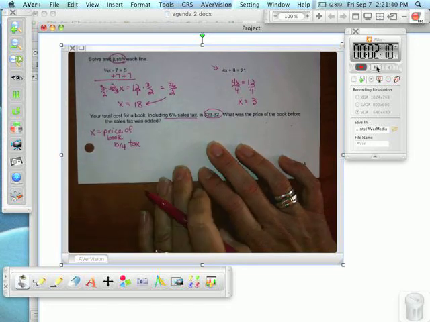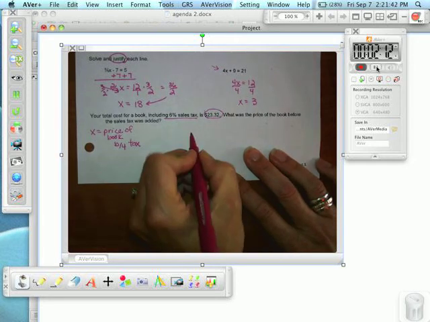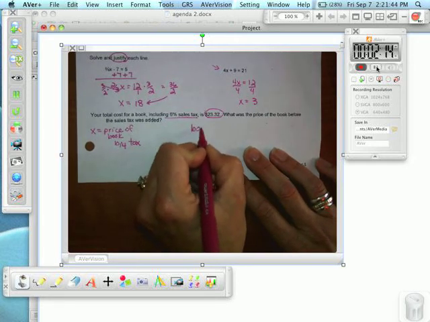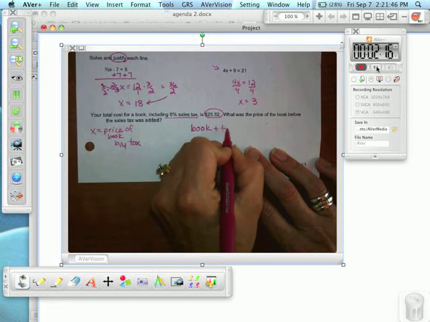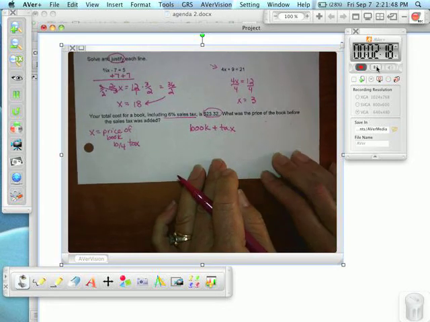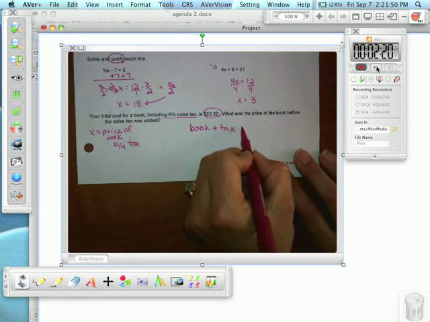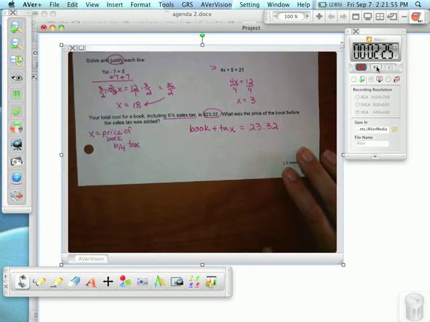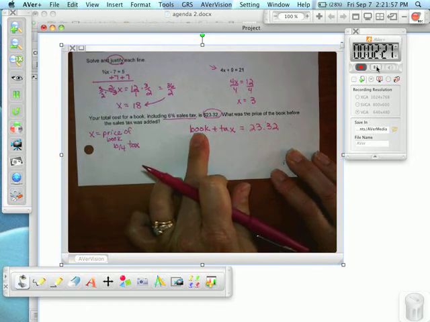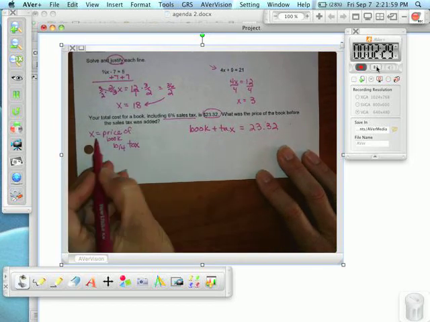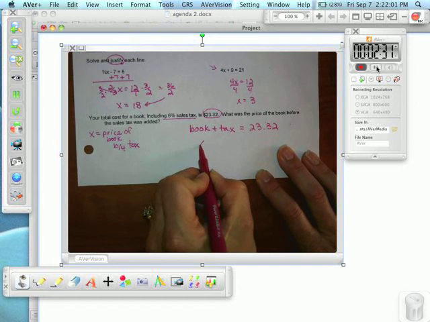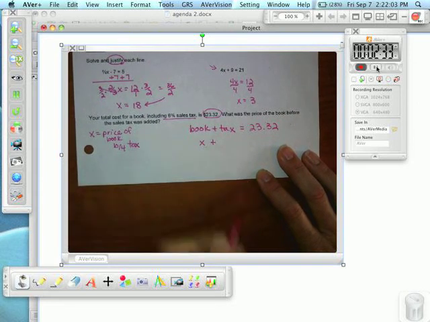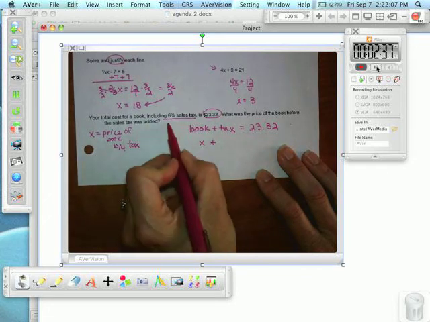Now, when you go buy something, you have to pay the price of the item plus the tax, don't you? Yes. And we have been told that that total is this total. So if I can fill in these two things with variables, I know that I identified the price of the book before tax is X, and then how much is my tax? 6%, so I have to write that as 0.06.